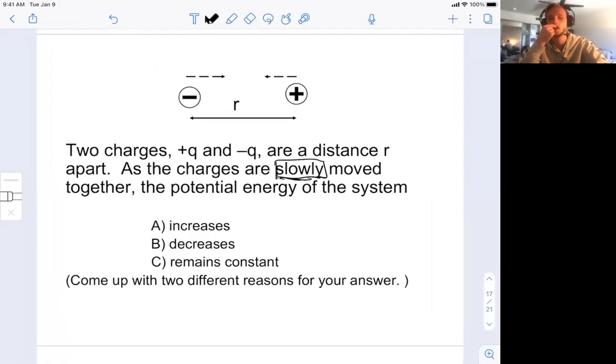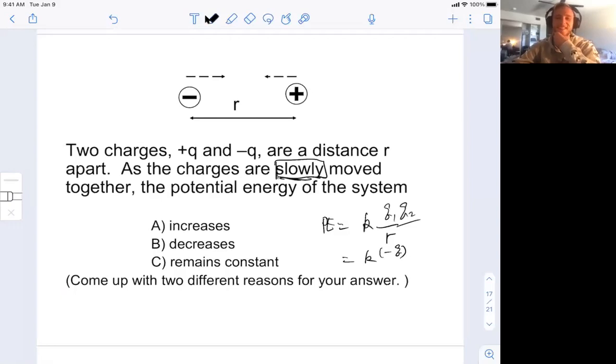We use the potential energy equation. Okay, so kQ squared over R. As R gets smaller, the potential energy increases. Okay, so this comes from k Q1 Q2 over R. In this case, one of them is a negative charge, right?